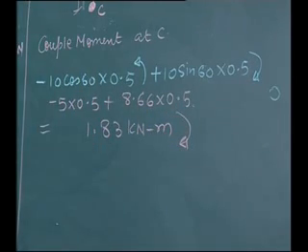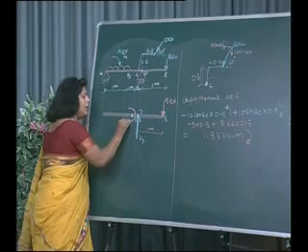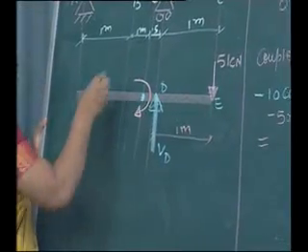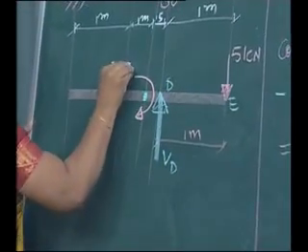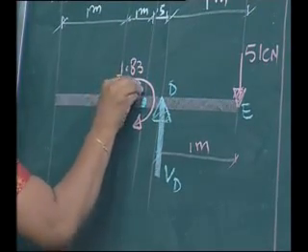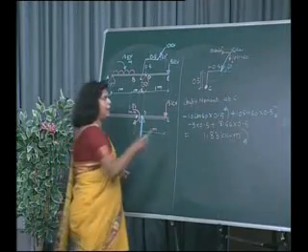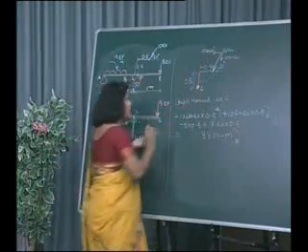So, now I can show over here that at point C there is a clockwise couple of intensity 1.83 kilonewton meters, okay, and force. So, how many forces will be there? Two forces. One will be 10 cos 60.